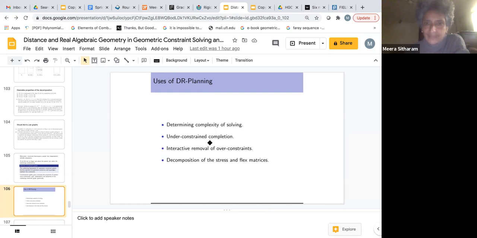If the graph is under constrained, which means flexible, and this is where we're going to spend a little more time later, more deeply on the properties of tree decomposable graphs and others for which these completions, by which I mean it's not like the partial matrix completion. This is slightly different. What this is saying is the graph is not rigid. I want to add enough edges so that it becomes rigid, right?